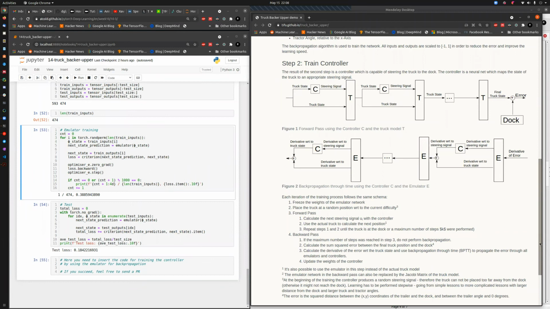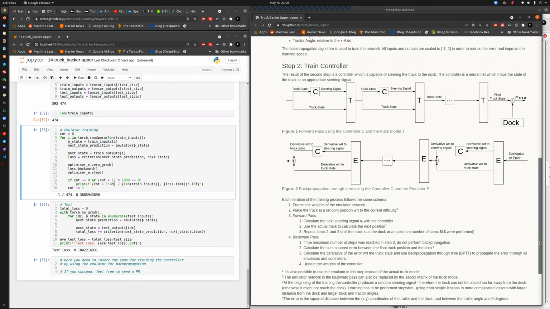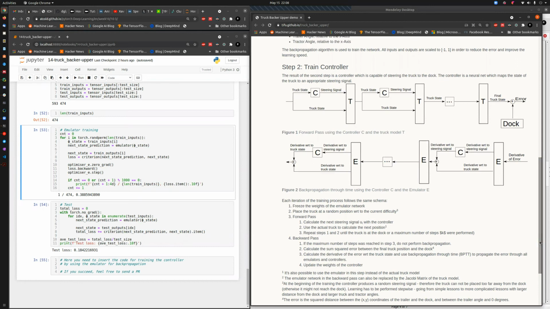Yeah, but the gradients which flow to the controller depend on the emulator weights, because the emulator is part of the whole network we are training. We don't update the weights of the emulator, but it's still a part of the network we are updating.